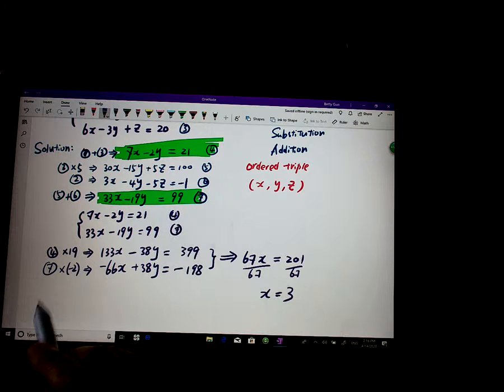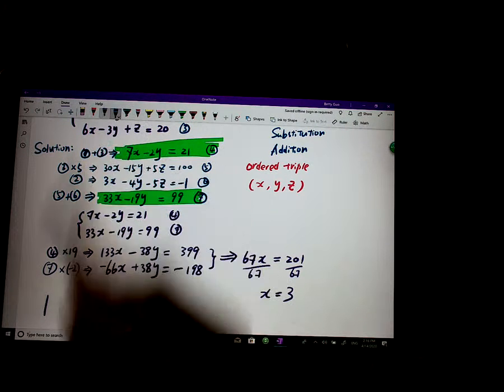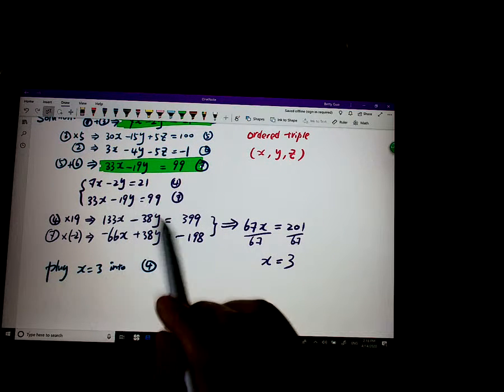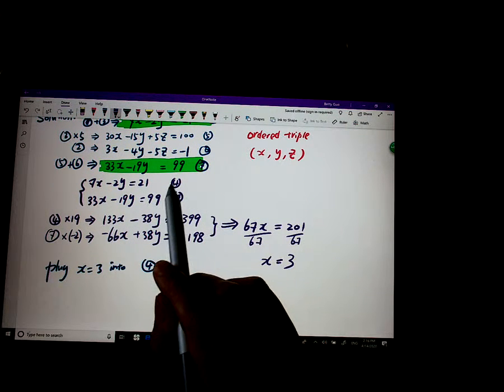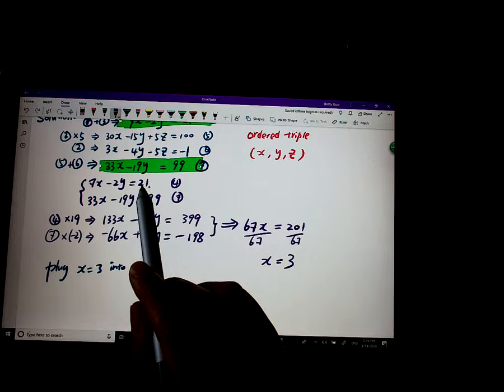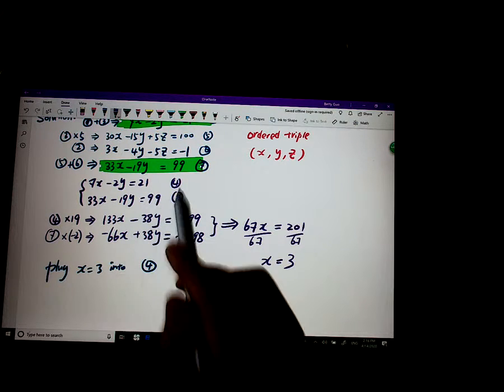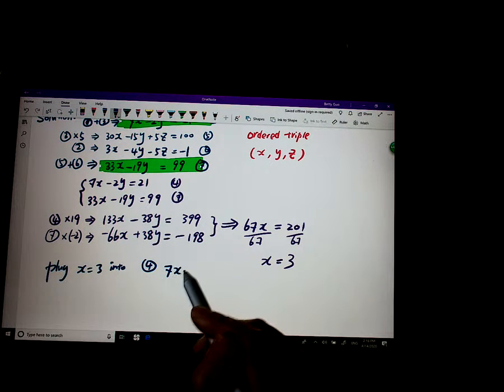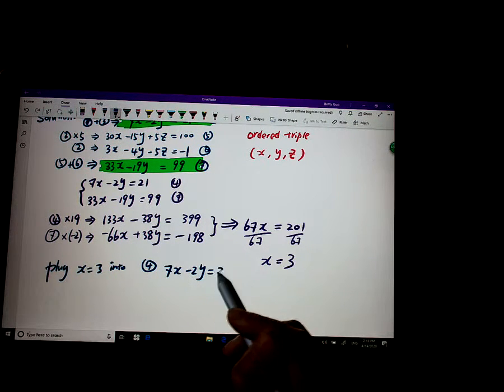I would plug x equals 3 into equation 4. You can try number 7, but equation 4 obviously is simpler. It has simpler coefficients. So that's the reason I choose number 4. Equation 4, 7x minus 2y equals 21.